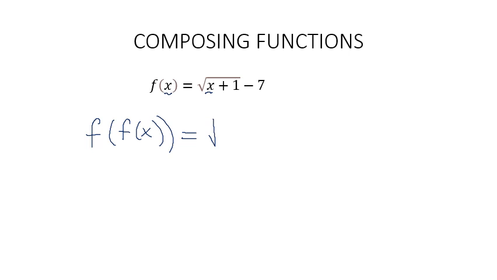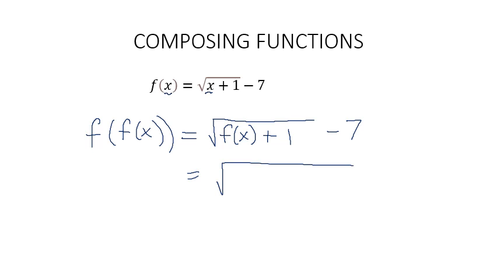If you like to think about it this way, we can say that this is the square root of f of x plus 1, minus 7. And then we can replace f of x with the definition of f of x. So this is going to be the square root of f of x, which is the square root of x plus 1 minus 7, all plus 1, minus 7.